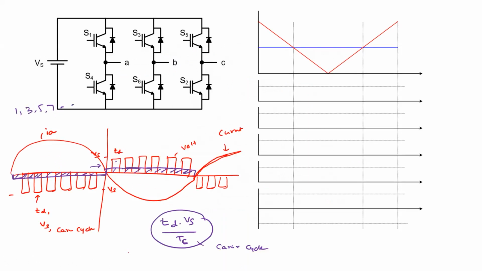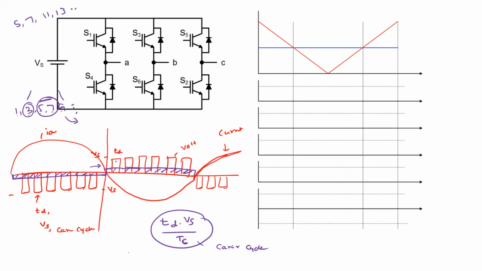Even though the triplen harmonics are cancelled in the line voltages, the lower order fifth and seventh harmonics will remain. The third or ninth order harmonics will be present in the pole voltage, but not in the line voltage. So the line voltage will consist of the fifth, seventh, 11th, 13th, small amounts of these lower order harmonics.